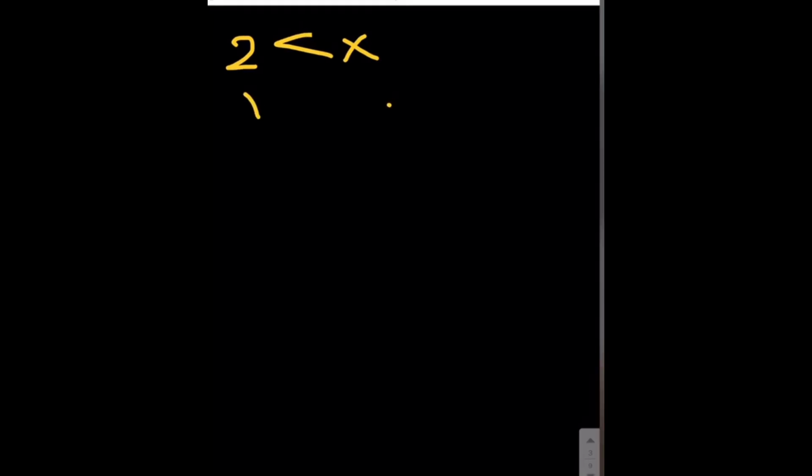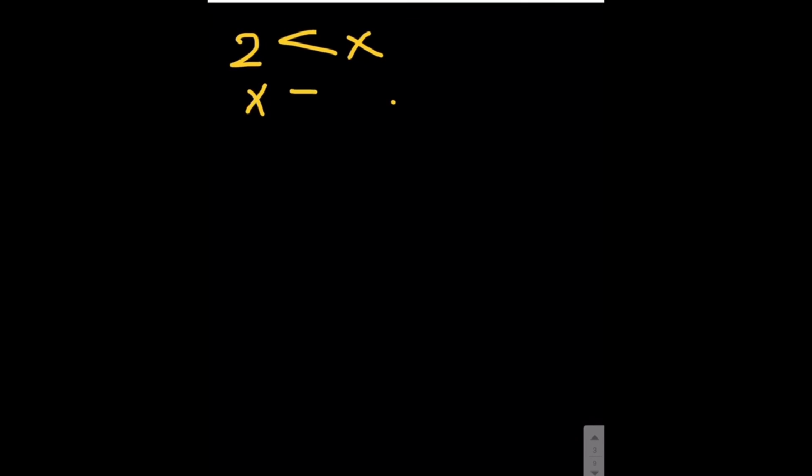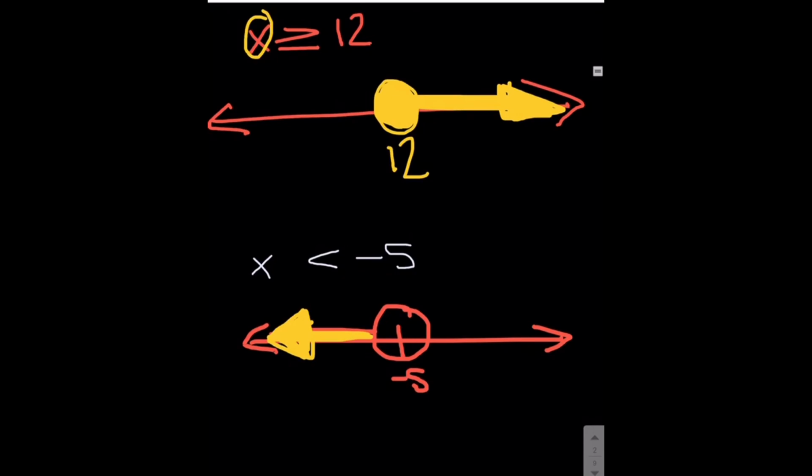Now let's do 2 is less than x. Before I get started, if you're given this, it's best for your variable to be on the left side, so I'll rewrite that. The reason why I say this is because when the variable is on the left, we already noticed that the arrow was pointing towards the right, so that hints that my shading is also going to be to the right.